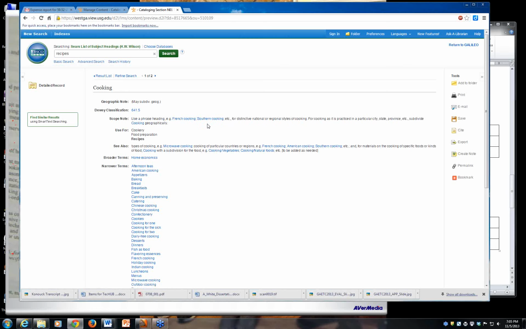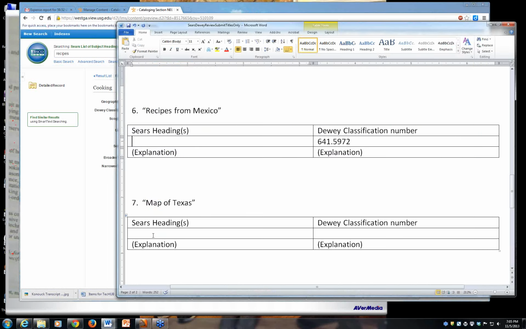Now, if you told me you didn't view it that way, you felt like it should be Mexico-cooking because it wasn't distinctive enough as a national style of cooking, then I would accept that. I would probably on this one use Mexican cooking. And notice the C is not capitalized. Okay.